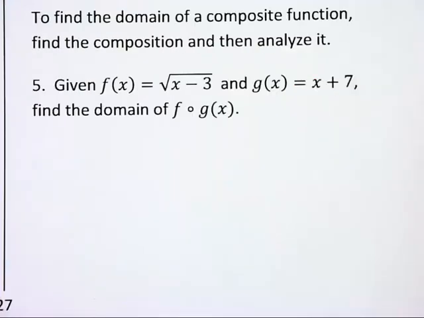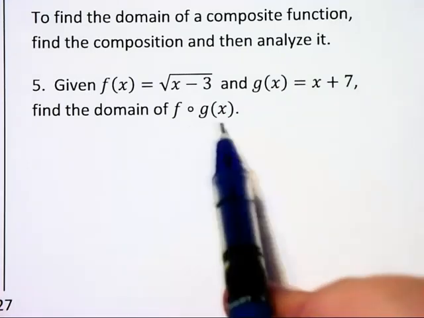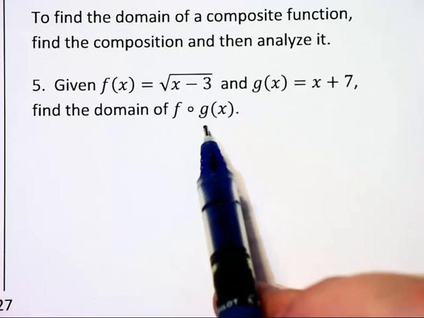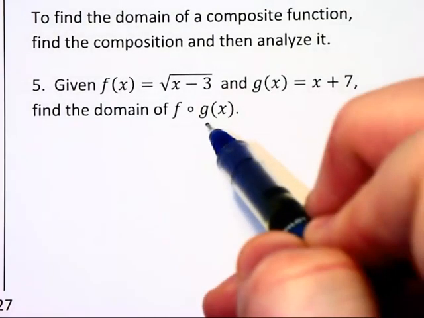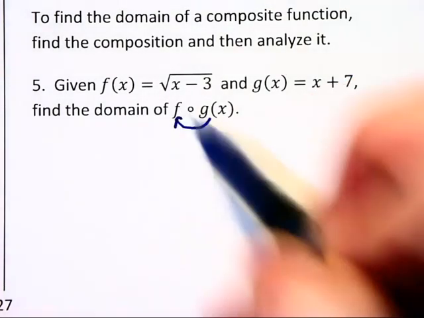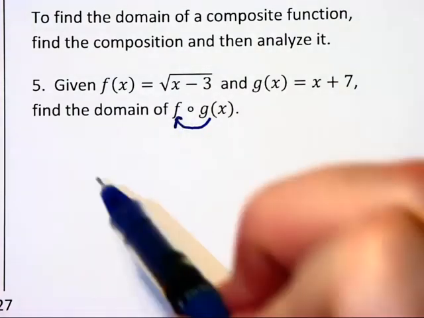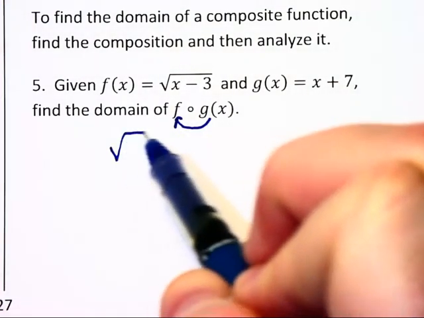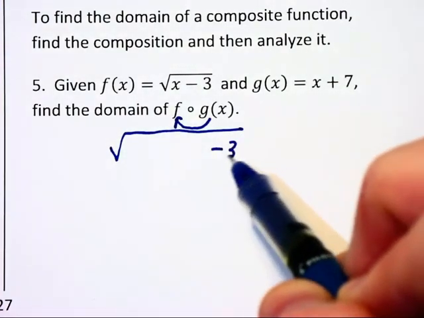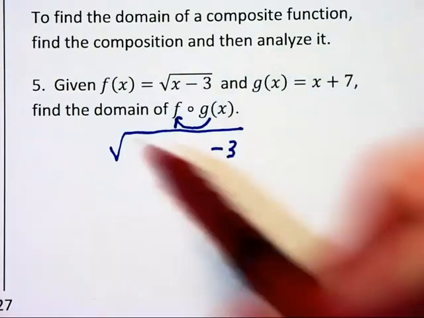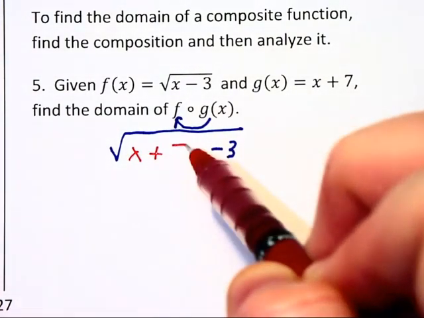Now, how do you find the domain of a composite function? Well, basically you find out what f composite g in this case is going to look like. This is where g gets substituted into f, and f says this is the square root of input minus 3. And the input here is x plus 7.